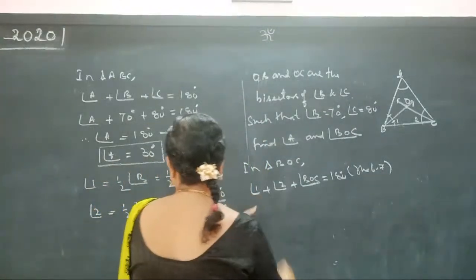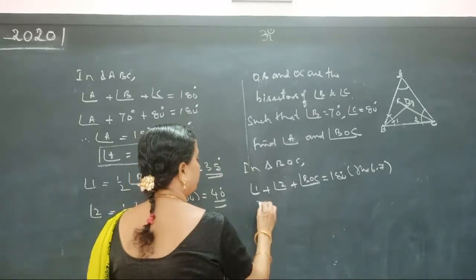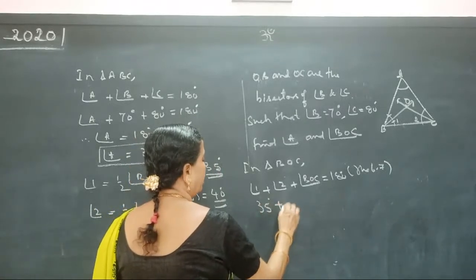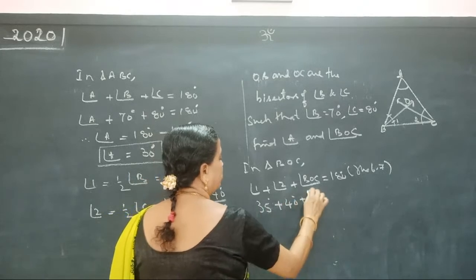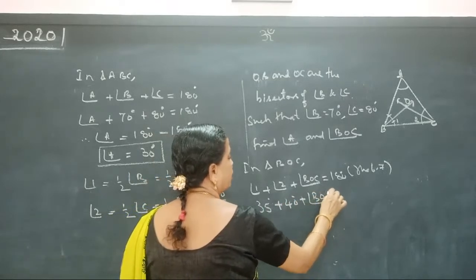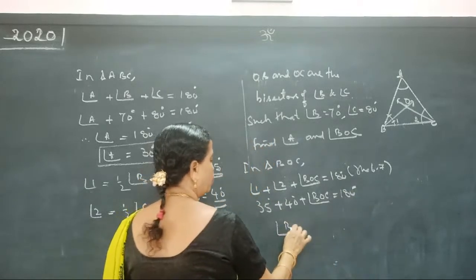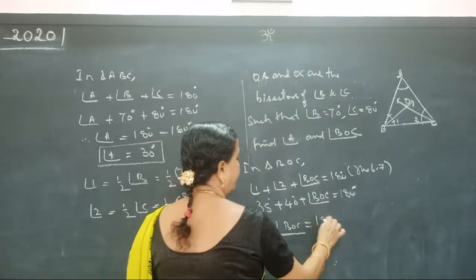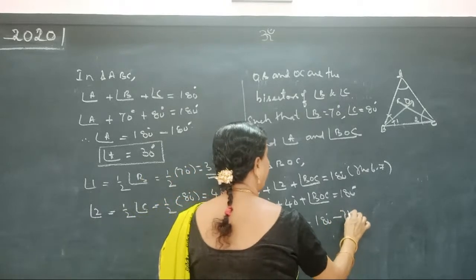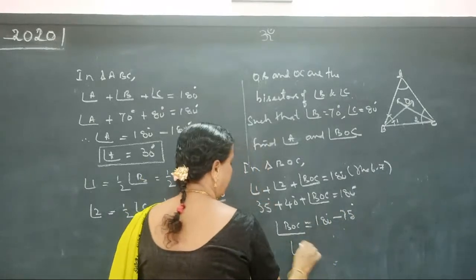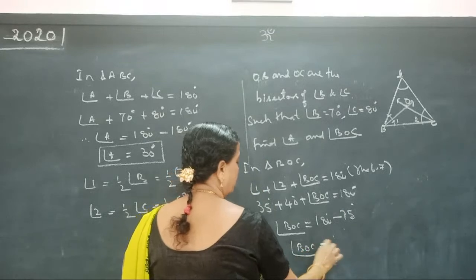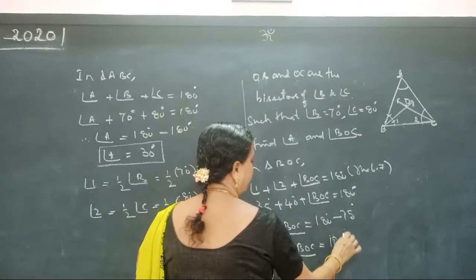So now we know angle 1. What is angle 1? 35 degree plus 40 degree plus angle BOC equals 180 degree. Angle BOC equals 180 degree minus 75 degree. Angle BOC equals 105 degree.